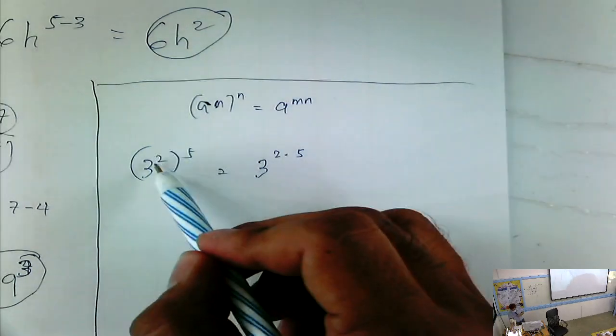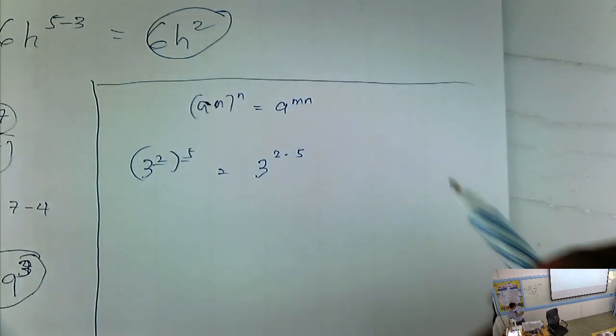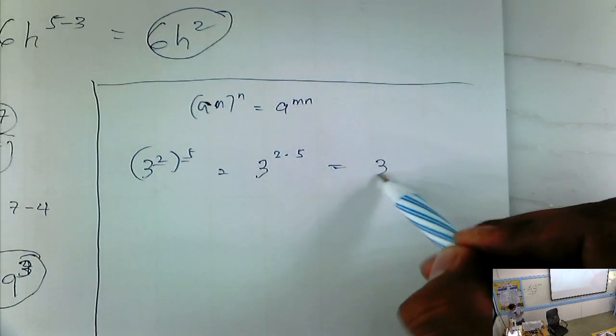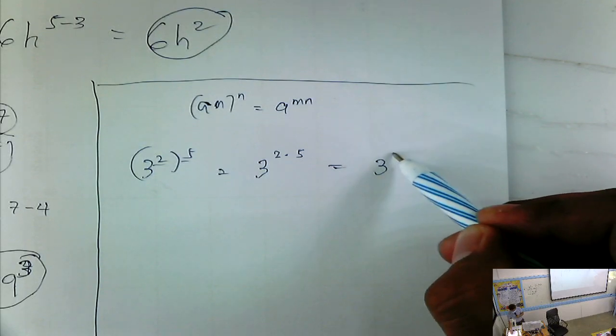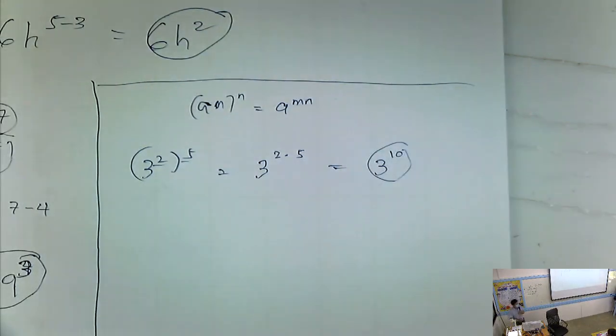You are going to multiply the exponent, which is equal to 3 to the power of, what is 2 times 5? 10. So your answer is 3 to the power of 10. You are going to multiply the exponents.